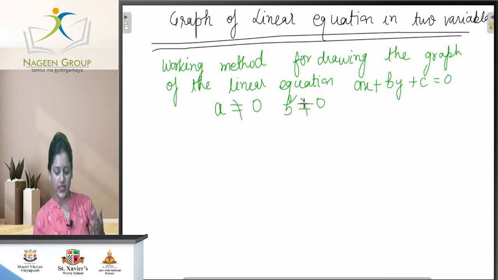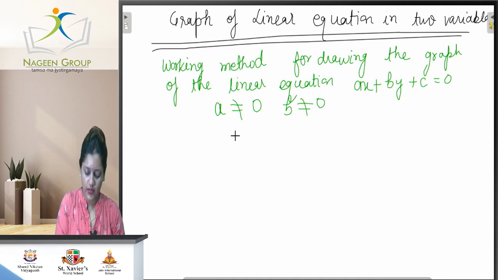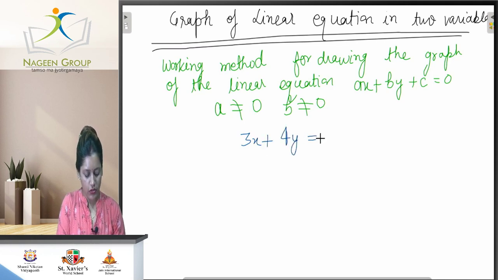So let's take an example: 3x plus 4y is equal to 12.